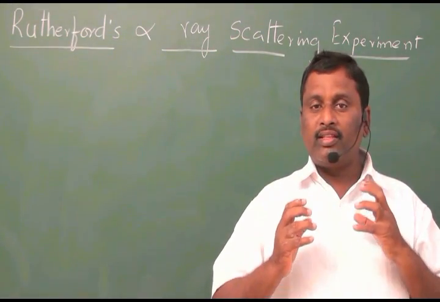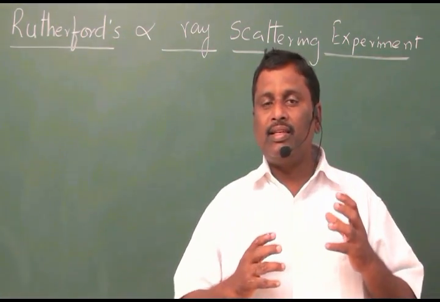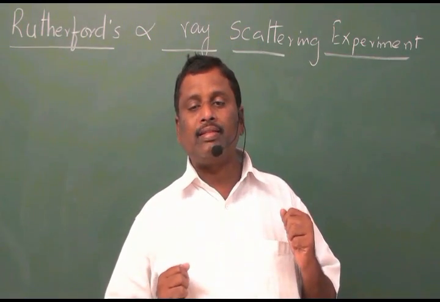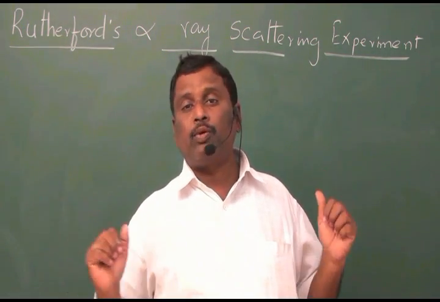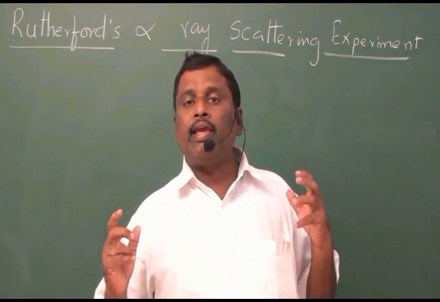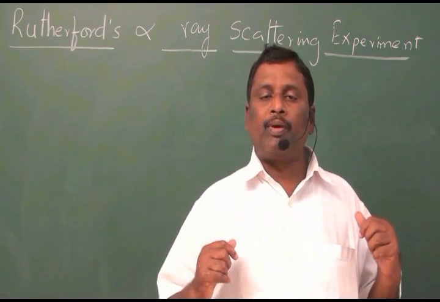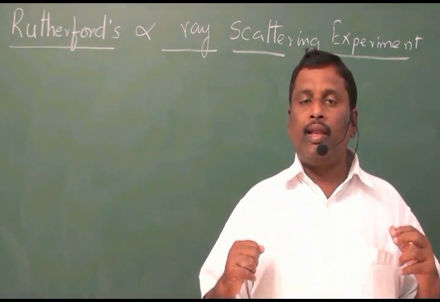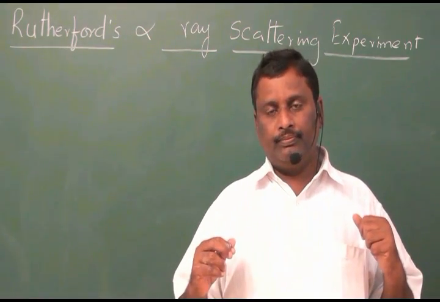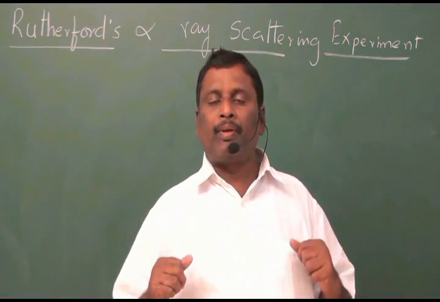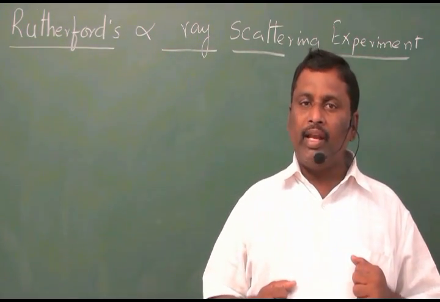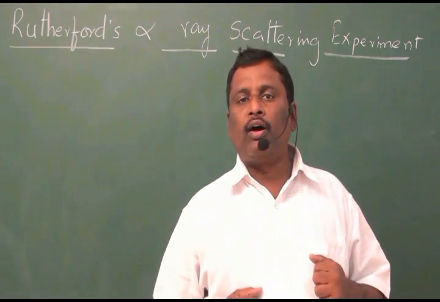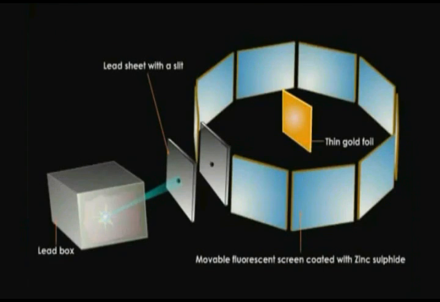To find the secret behind the arrangement of these particles in an atom, many scientists have conducted many experiments, but a successful experiment was conducted by Ernest Rutherford. In this experiment, Rutherford took a radioactive element, radium, as a source of alpha particles.